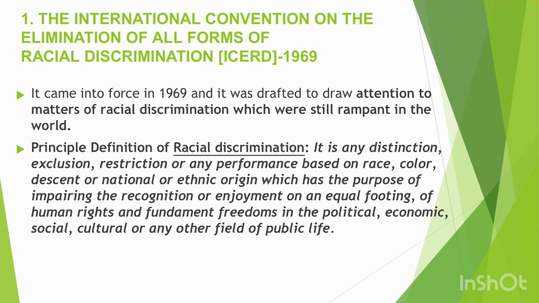The Universal Declaration of Human Rights was there, but again, the UN discovered that there is still racial discrimination. So it's like the Universal Declaration is not enough to stop these issues from happening. So they said, let's come up with a specialized instrument that will just address this issue of racial discrimination.